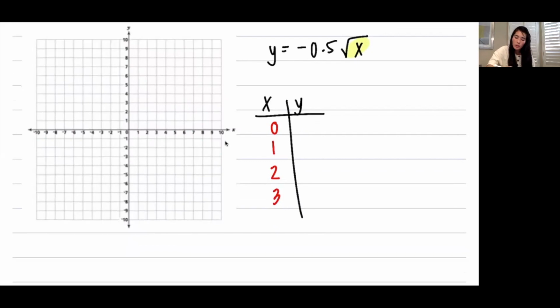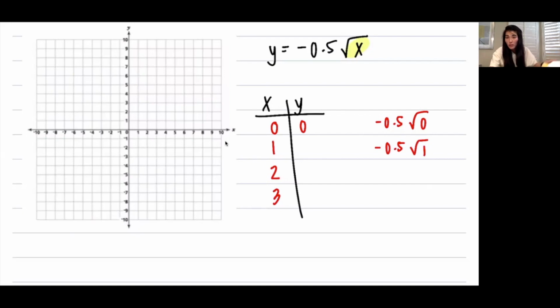So what's happening is you are going to take your number and then plug it in. So this would be negative 0.5 times the square root of 0. Okay, 0. And then you would do the same for 1. Negative 0.5 times the square root of 1, and then so on.